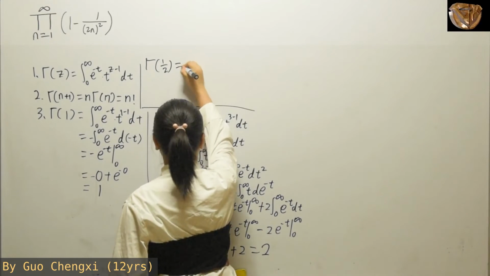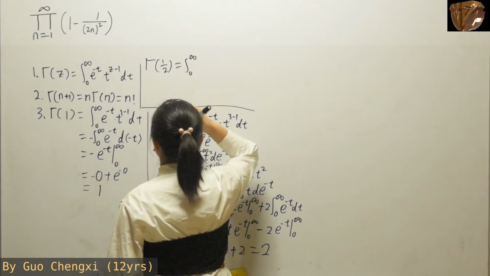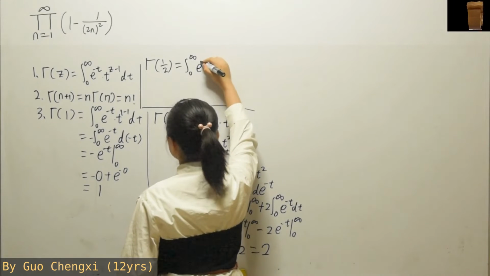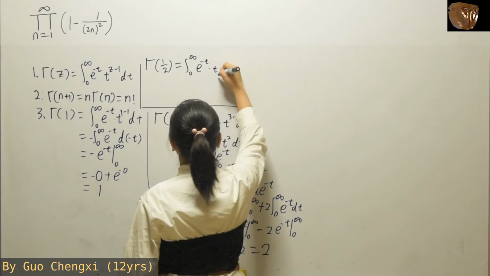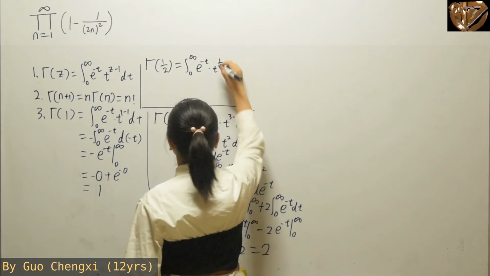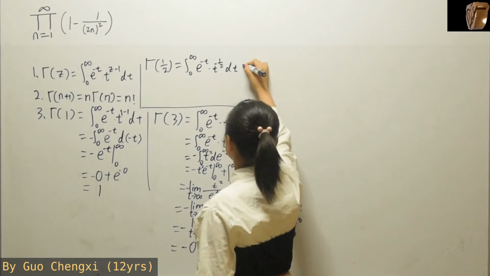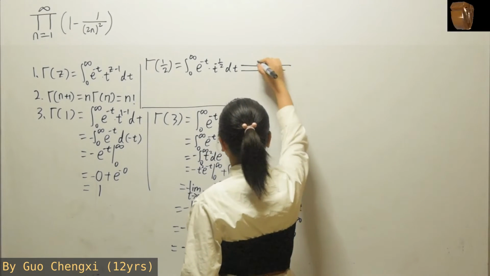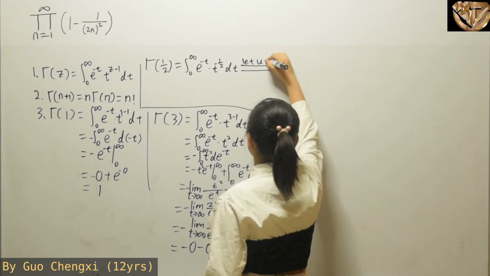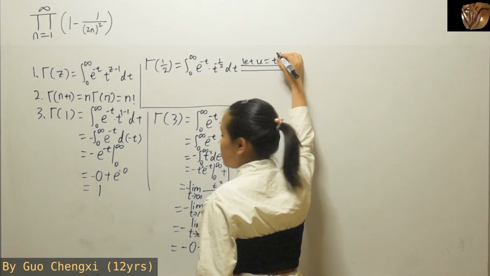So for this part, the first step is always the same thing, where you have this part. So half minus 1 is negative half, and then dt. Over here what you can do is let u be equal to t to the power of half.